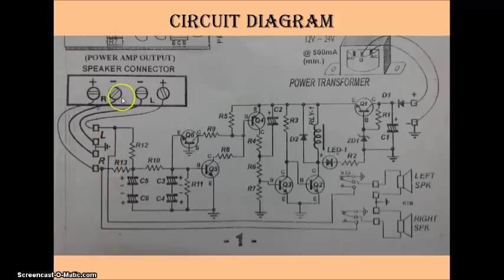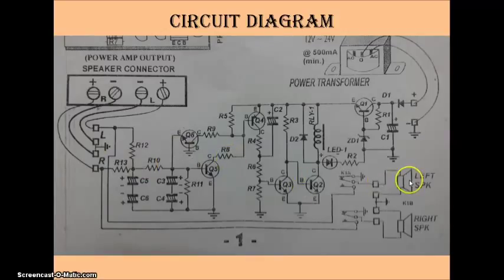And lastly, this is the speaker connector for connecting the speaker and the circuit. The right side of the power amp output will connect to the right port, and the left side of the power amp output will connect to the left port.